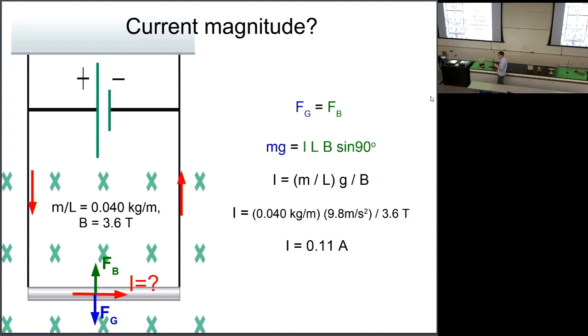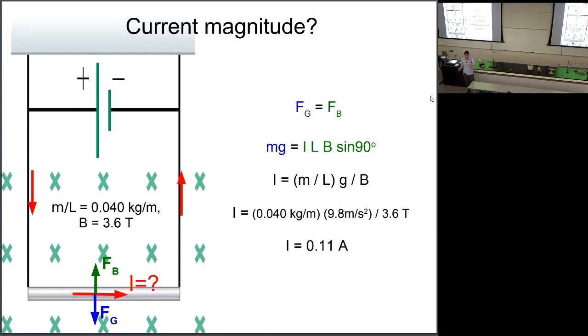Now you might have been worried that I didn't tell you the mass, and I didn't tell you the length of the rod that was hanging in the magnetic field and the gravitational field. You might have been thinking, I'm never going to be able to calculate the magnetic force itself or the gravitational force itself unless I know the length of the rod and the mass of the rod.